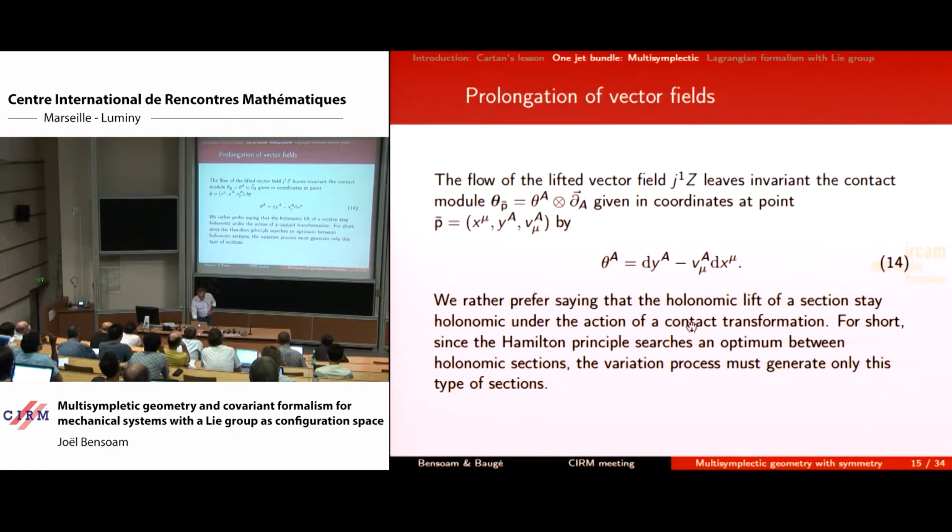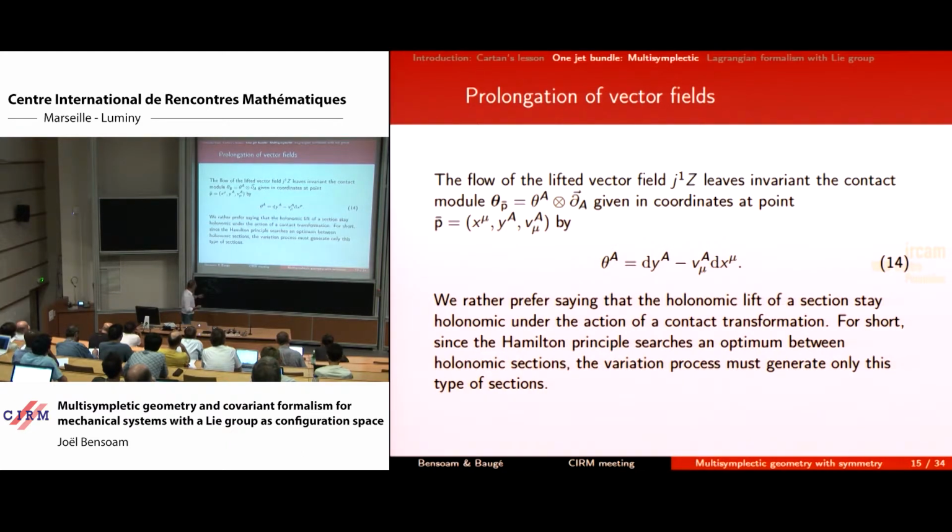So to do that, we have to take into account the contact forms, saying that when we make a variation of sections in this one-jet formulation, we want to move from a section to another one, but with the fact that we want to conserve the holonomicity.